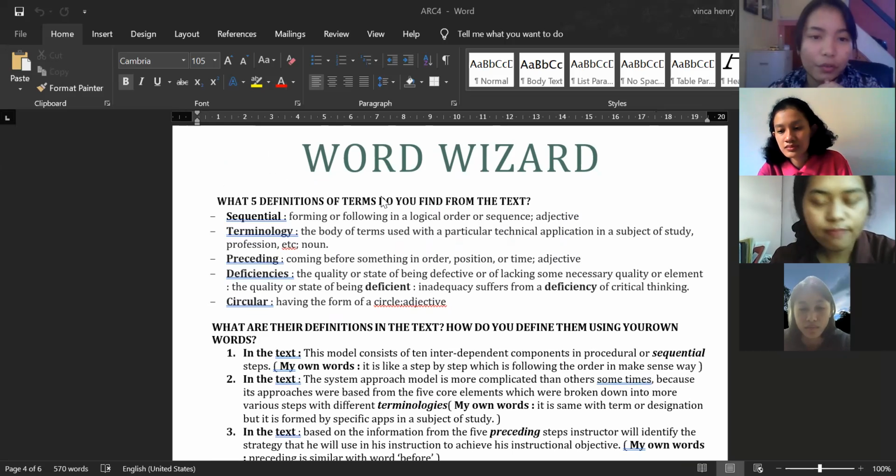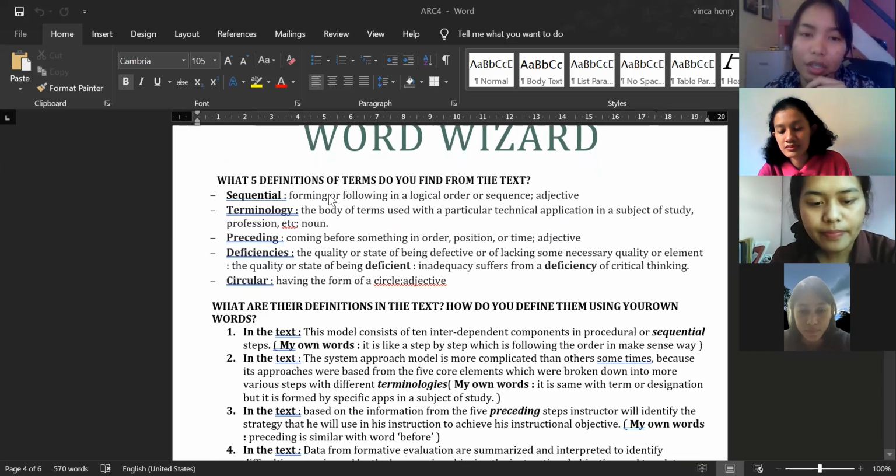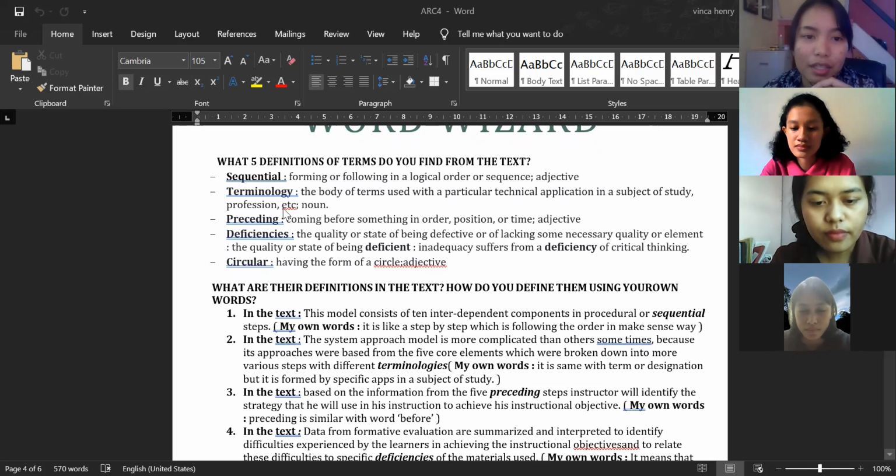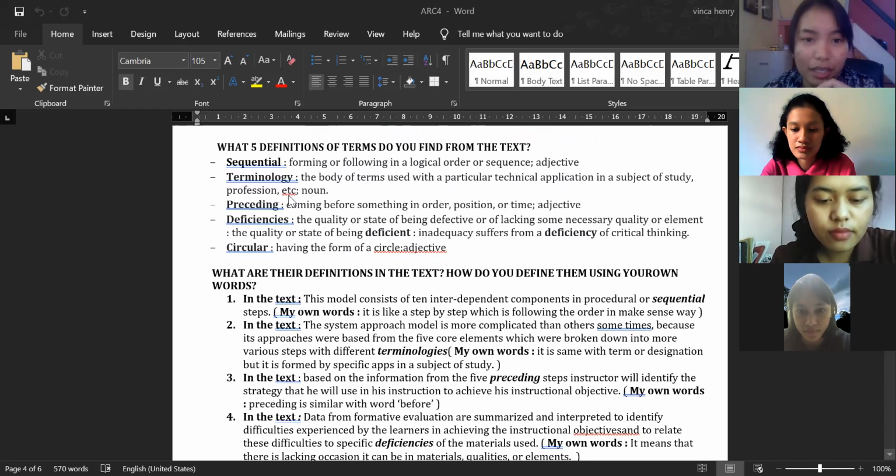For the first question, what 5 definitions of terms do you find from the text? The first one, sequential. It means forming or following in a logical order or sequence. It is an adjective. And second, terminology means the body of terms used with a particular technical application in a subject of study or profession, and so on.